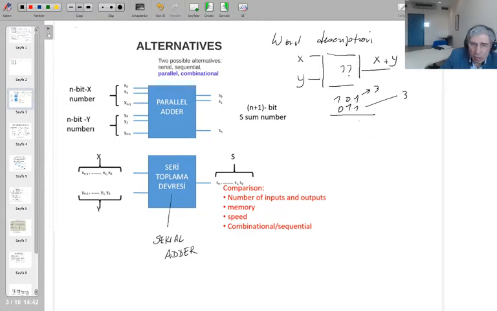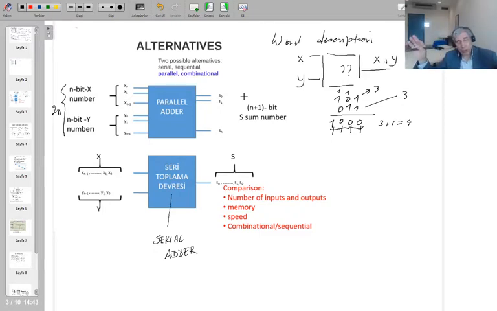When you sum them up, 0, 1 is the carry, 0, 1 is another carry, isn't it? So the sum number is going to be 3 plus 1, so 4 bits. So these outputs, each one of them is a function of these inputs, isn't it? So you can say that the number of inputs is 2n and the number of outputs is n plus 1 for a parallel adder.